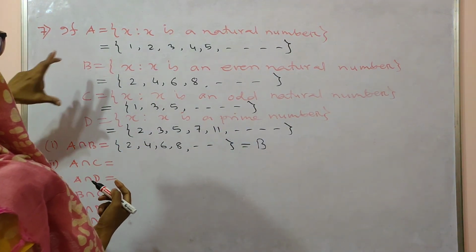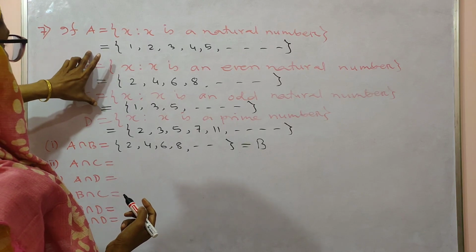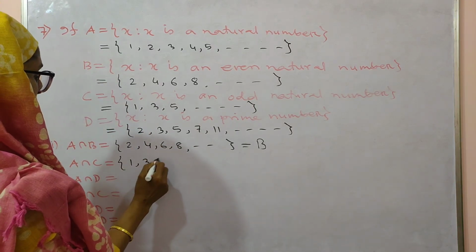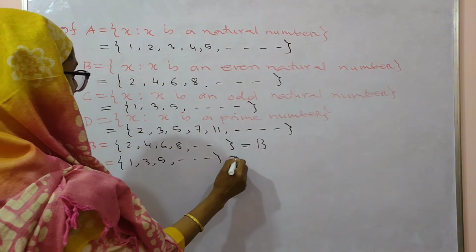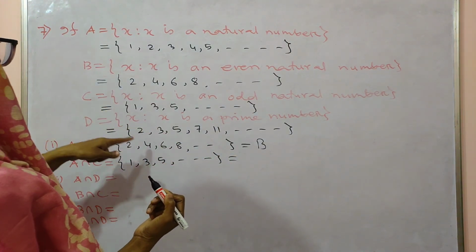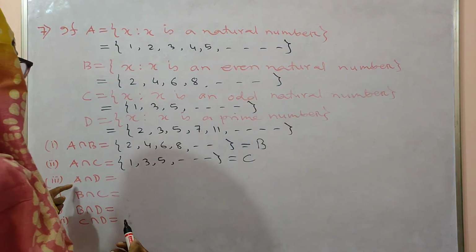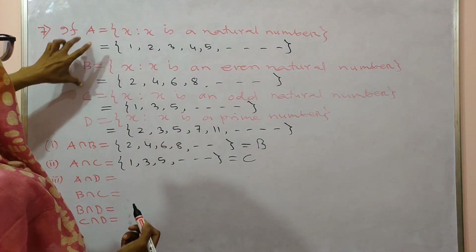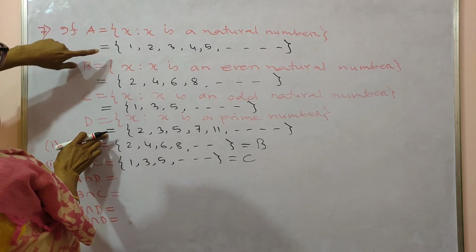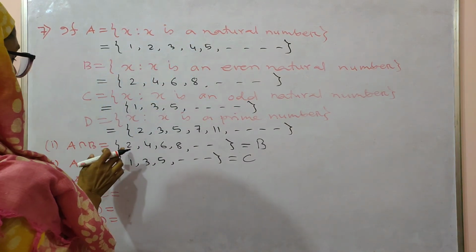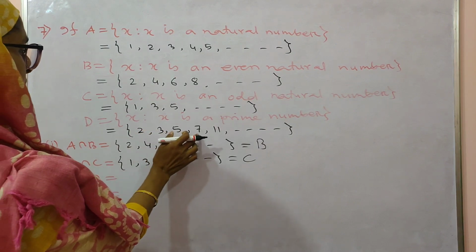A intersection C: 1, 3, 5, that means odd natural numbers. You can write simply C. A intersection D: here 1, 2, 3, 4, 5 and here 2, 3, 5, 7, 11.